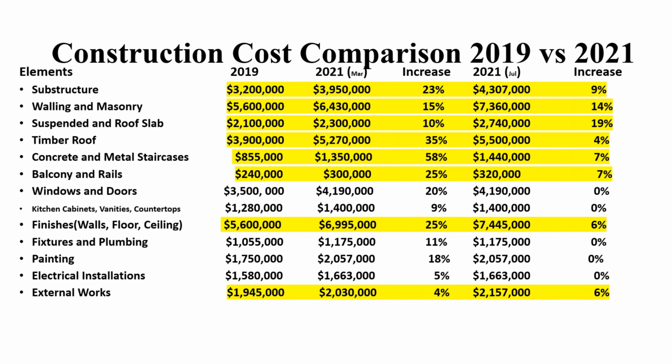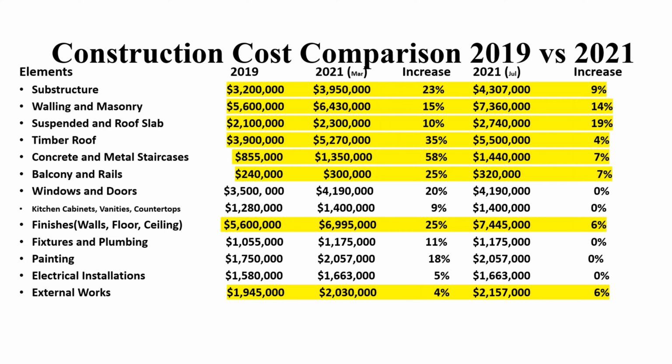External works, again, it's going to cost more. Build the manholes, to build the septic tank and the external concrete items, because again the price of steel, concrete and formwork has increased. So back in March we were looking at 2.03 million to do this.